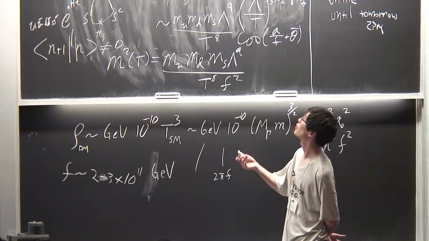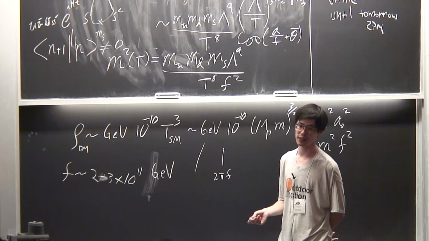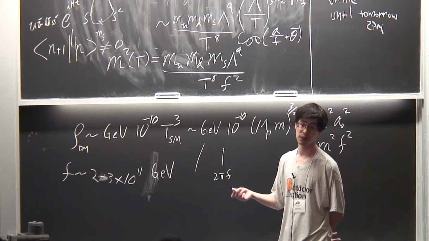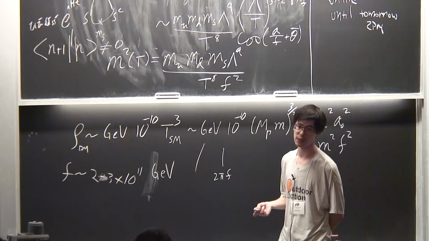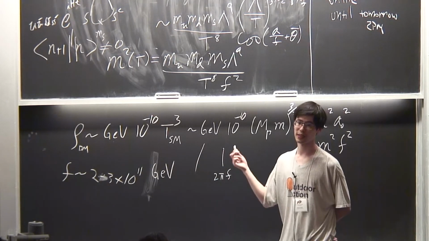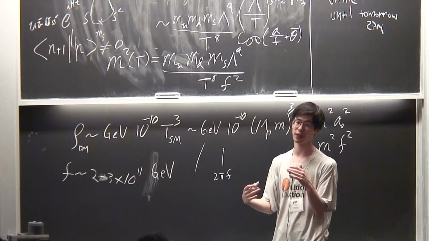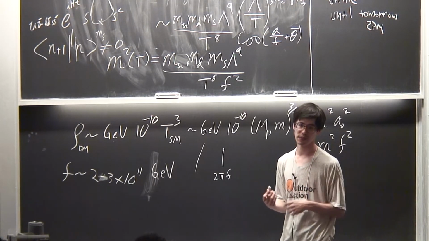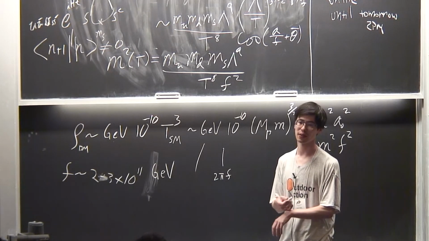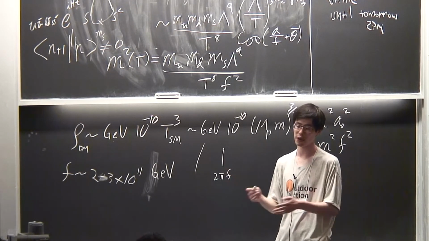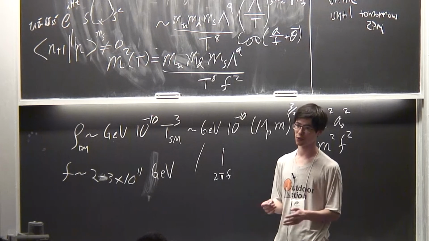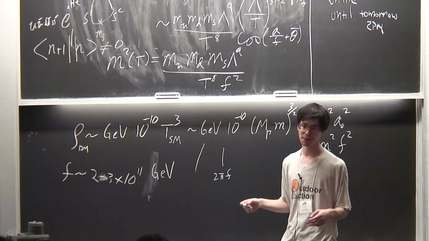In particular, M squared F squared for the axion is M pi squared F pi squared, and so F just vanishes there. It cancels with the mass, and you get absolutely no dependence on the mass or the F of the axion. We know that is not the correct thing, because that would say the axion, no matter what F is, would give either the right abundance or the wrong abundance.